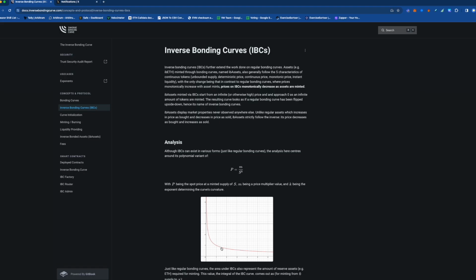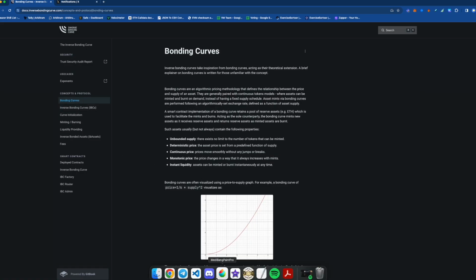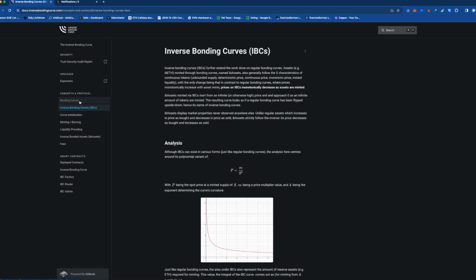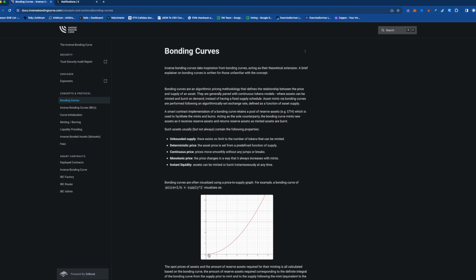Another important thing about bonding curves is the issuance of tokens. They're single-sided in the requirements of the project to create the liquidity. So, for example, let's say this is a shitcoin versus Ethereum. If I can mint, say, a million shitcoins and put them in a bonding curve, whether it's the regular bonding curve or an inverse bonding curve, with no ETH, I don't need to supply exactly 50% ETH and 50% shitcoin.